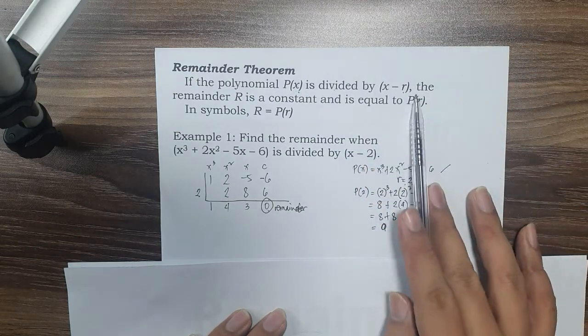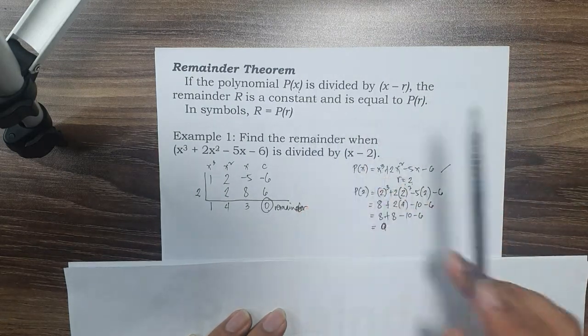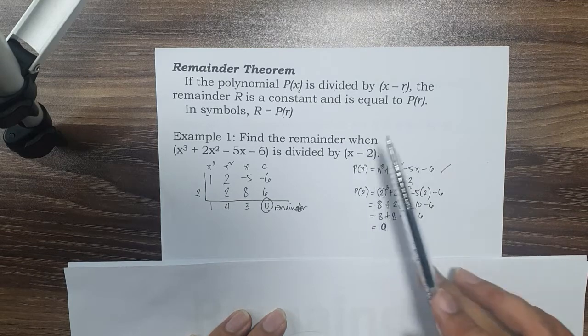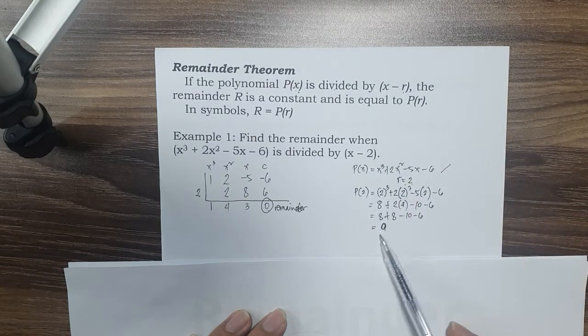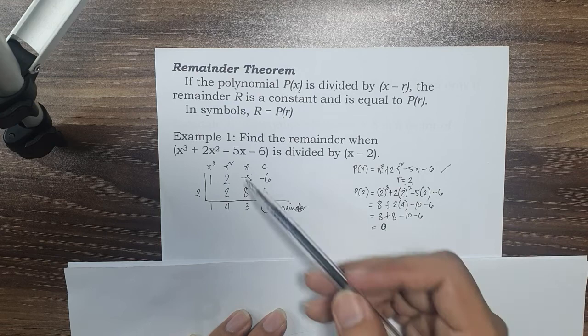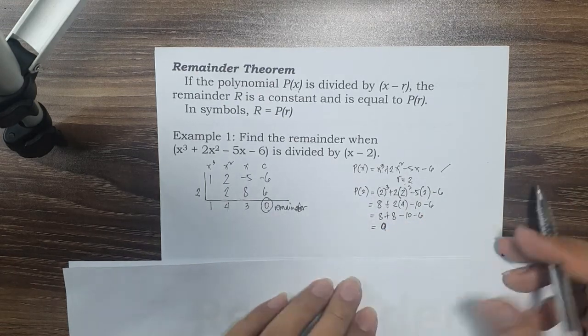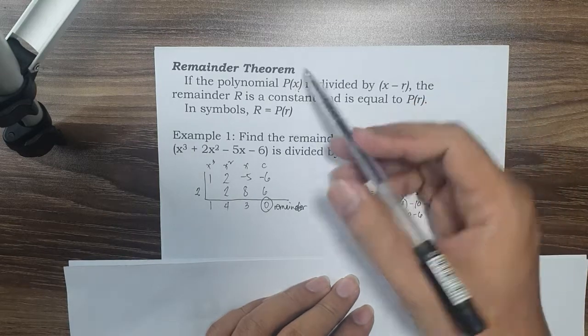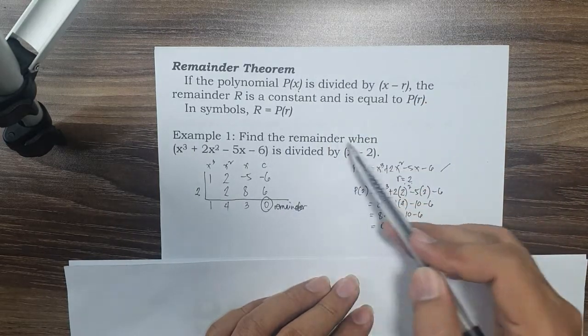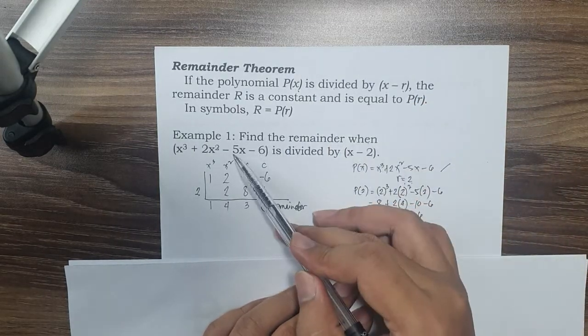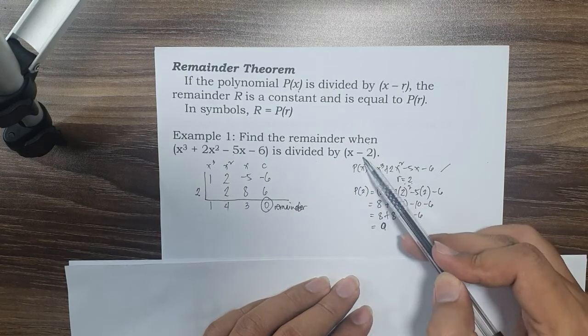Now, when you evaluate the polynomial, replacing by r, and then you simplify that, that is the remainder. Okay, hindi ka na maglo-long division, hindi ka na magsisynthetic division. Bakit? Kasi, remainder lang naman yung pinapahanap, di ba? Ayun sabi, find the remainder when this polynomial is divided by this binomial.